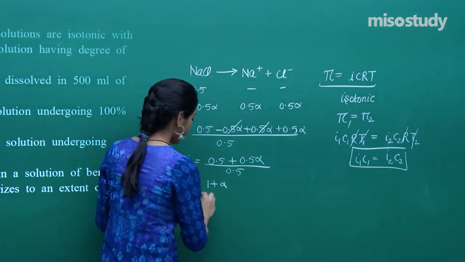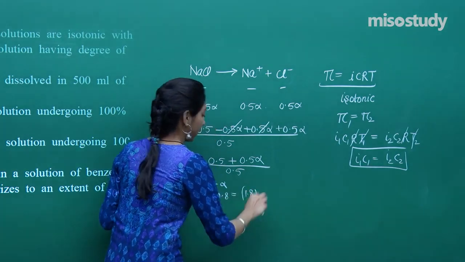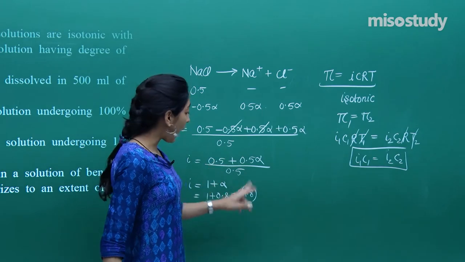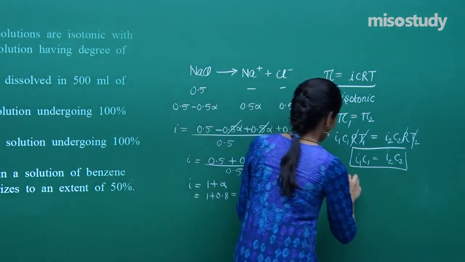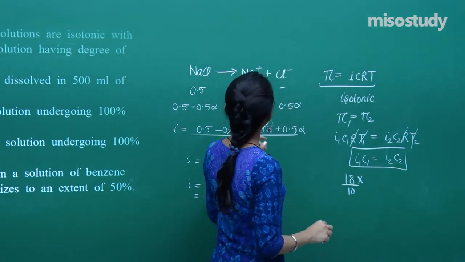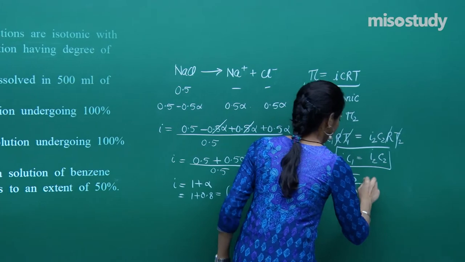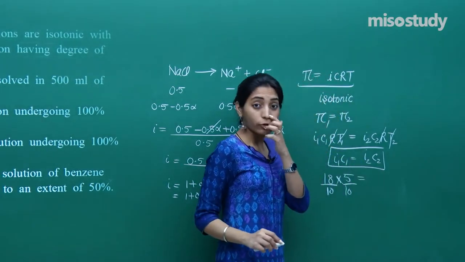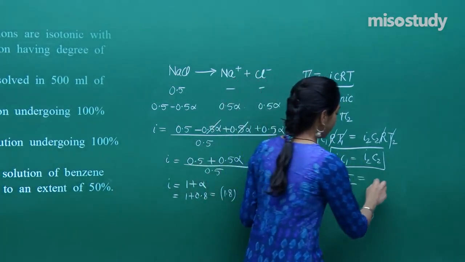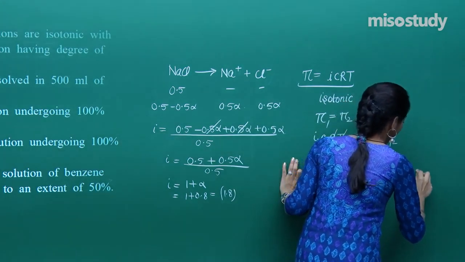Alpha is 0.8, so this is 1 plus 0.8, that means 1.8. So i will be 1.8, 18 by 10, multiplied by the concentration 0.5 molar, so 5 by 10. This is 90 by 100, giving me a value 0.9.